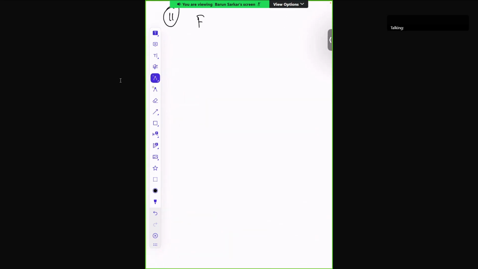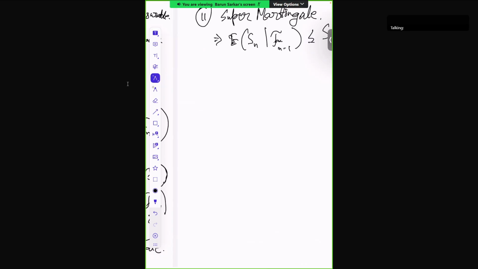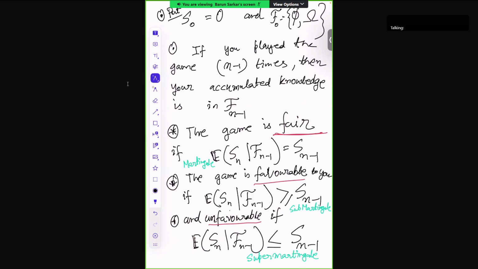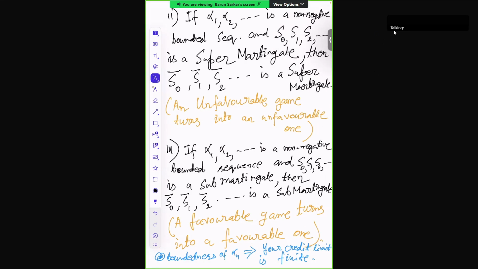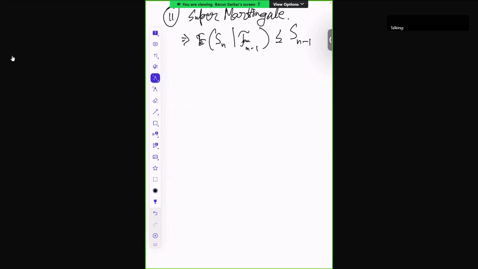Supermartingale implies the expectation of Sn given Fn minus 1 is less than or equal to Sn minus 1. That is the supermartingale definition.